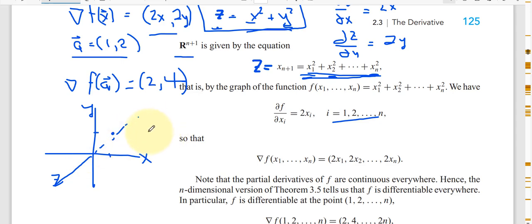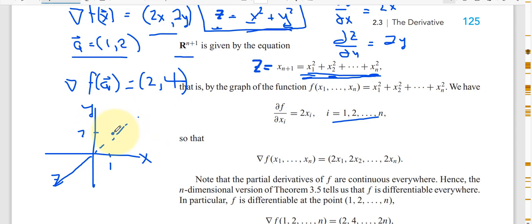Anyway, what we're saying is at this point, 1, 2, the gradient is the partial derivatives in the x and y directions. So we have some kind of surface up here, like maybe an umbrella, and if we fix x and only change y, then that derivative is 4.